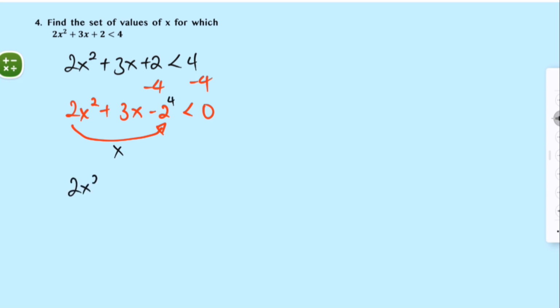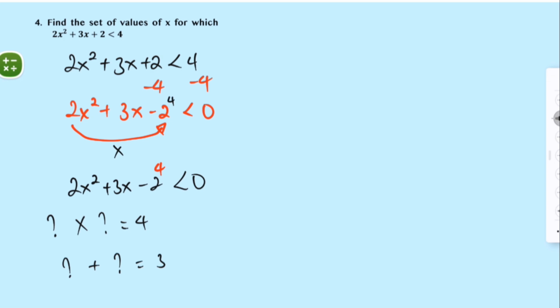So practically I'm doing 2x squared plus 3x minus 4. I'm finding two numbers that when I multiply, it gives me 4, but when I add, it gives me 3, which is pretty simple.